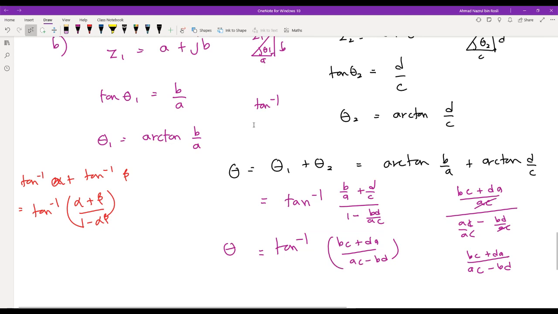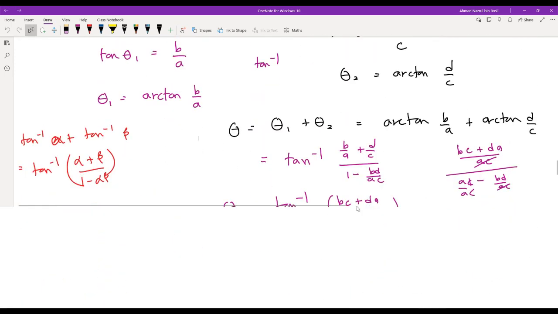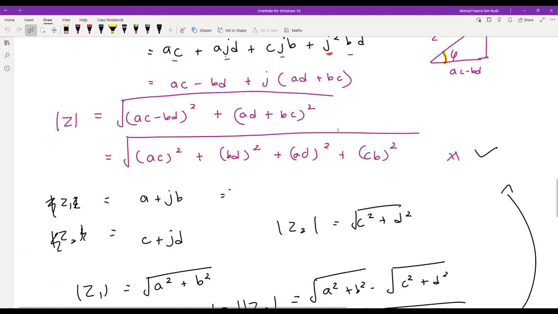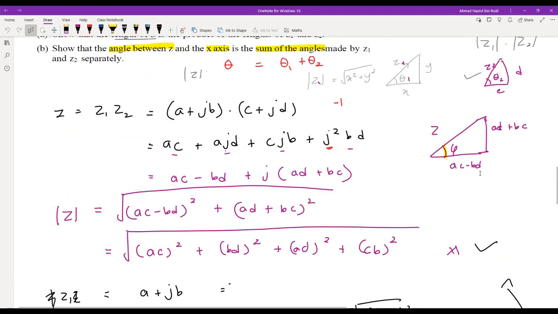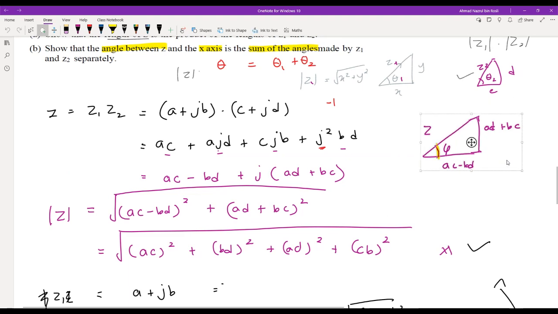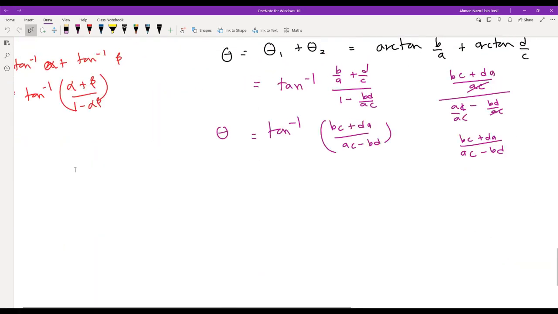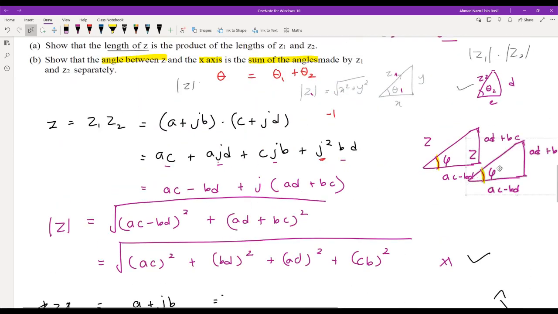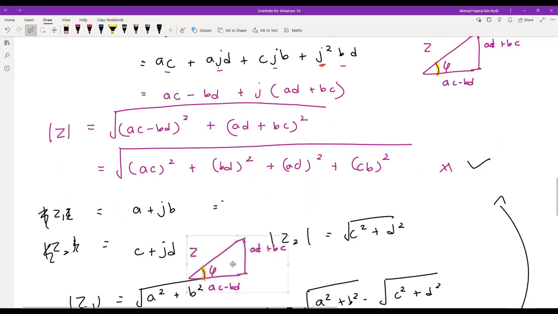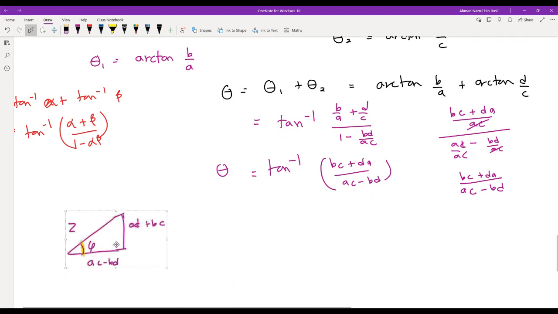Is it correct? We can prove this because we already have this equation. Let me copy it and bring it down.